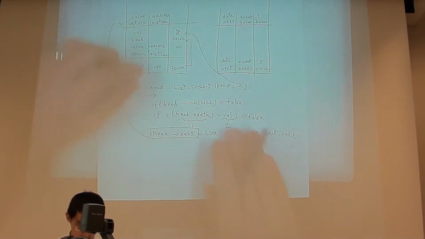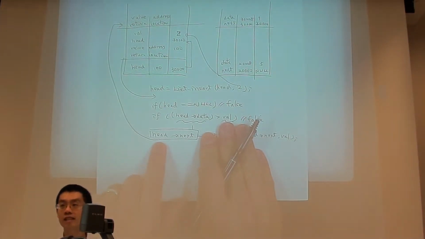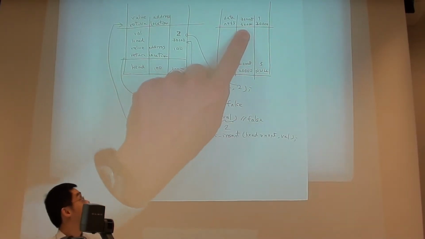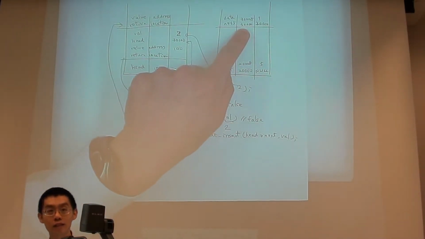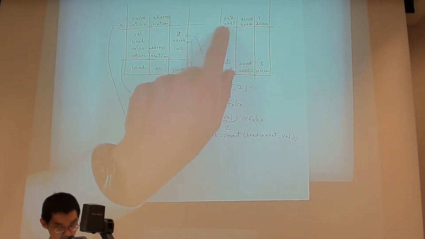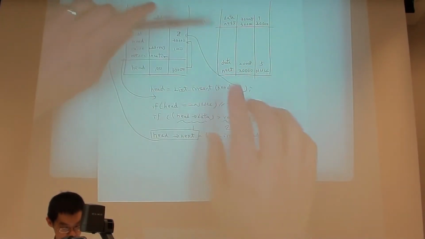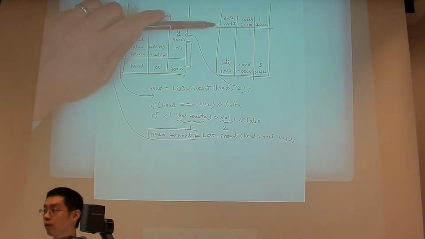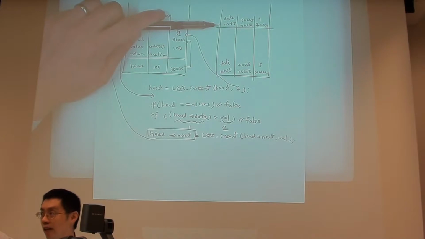Okay, let's consider. What's head? Head stores 30,000, so we come here. Do you agree? What's head next? Head next is this, right? Is this thing here. Are you with me? Okay. What's the address of this thing?